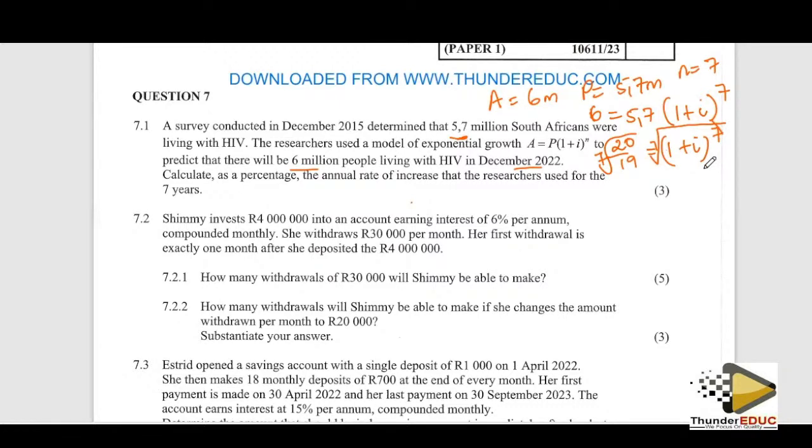Now I find the 7th root of 20 over 19. That gives me 1.00735 is equal to 1 plus i. Move the 1 that side, you're going to have 0.00735 multiplied by 100. So that is giving me our i of 0.735%, if I'm rounding it to 3 decimals.